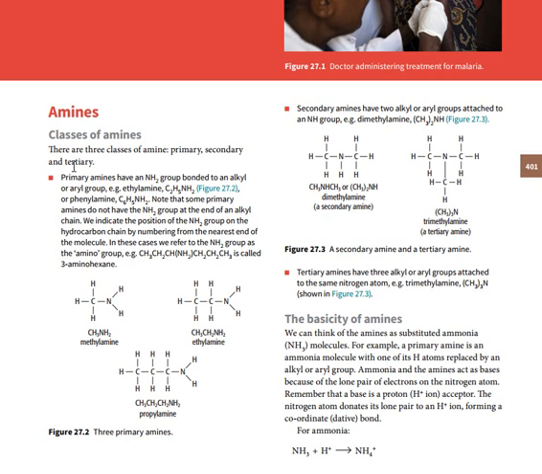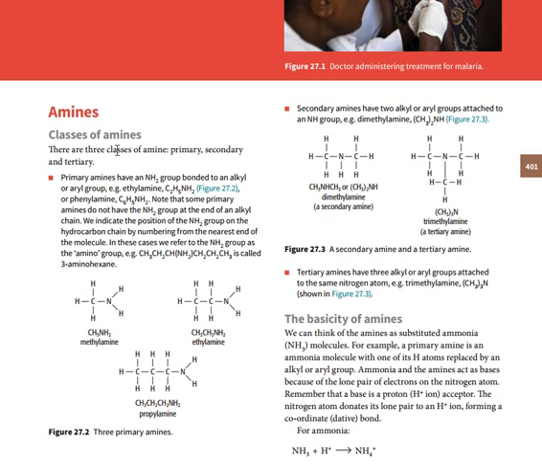I initially told you in the introduction of chemistry that there is hydrogen bonding when hydrogen is bonded to a highly electronegative atom, and there exists another molecule having a highly electronegative atom with a lone pair of electrons. Nitrogen is highly electronegative and has a lone pair of electrons, and hydrogen is also bonded to it. So it fulfills all the conditions of hydrogen bonding. That's why amines have hydrogen bonding.